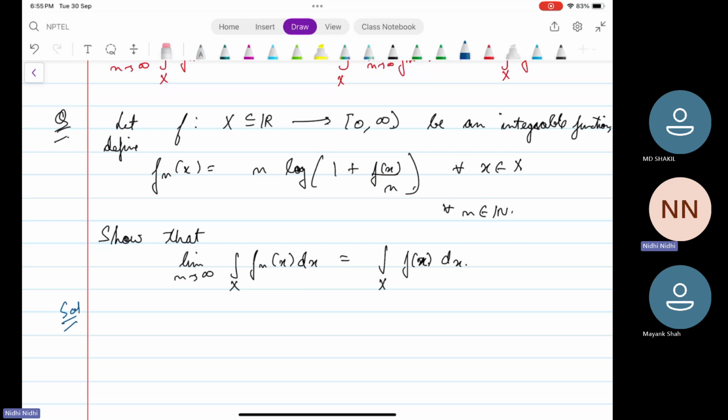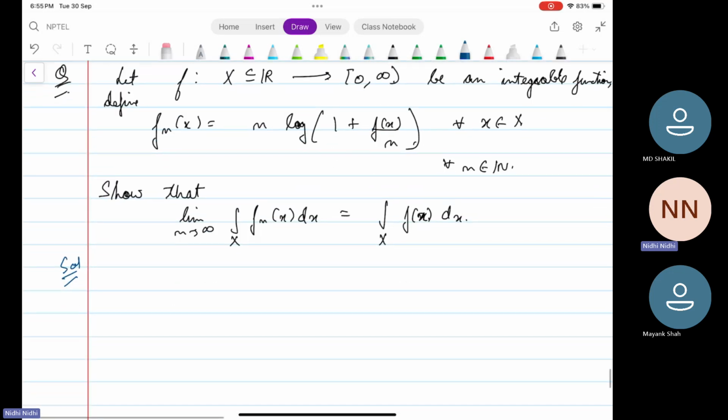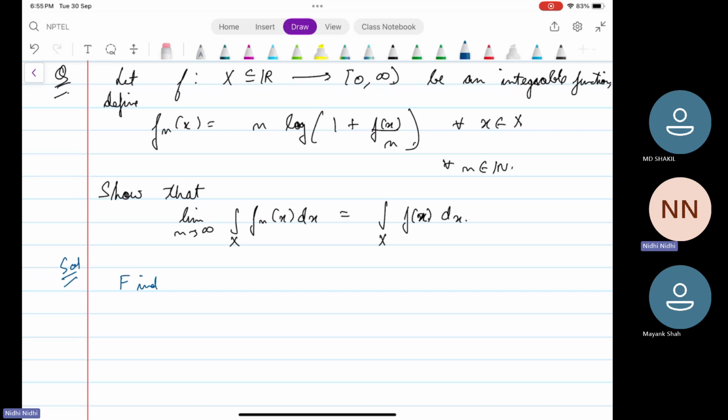Firstly, try it yourself. Try to find the pointwise limit of this sequence.